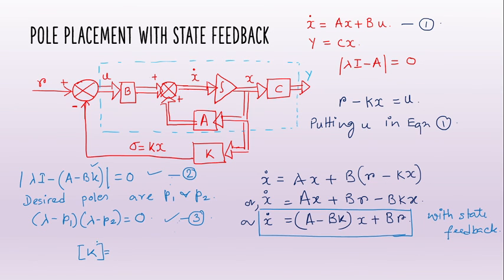And if you get the K matrix, that means you know this element which, added to the system in the form of state feedback, will give you the desired closed loop poles. So by changing the value of K, you will be able to change the pole locations. Okay, so in this way we can place poles by virtue of state feedback control. Thank you.